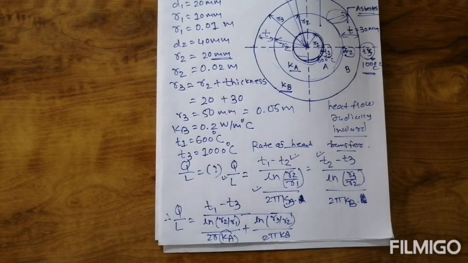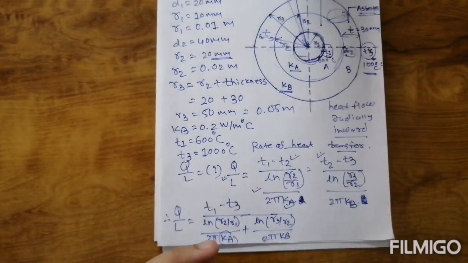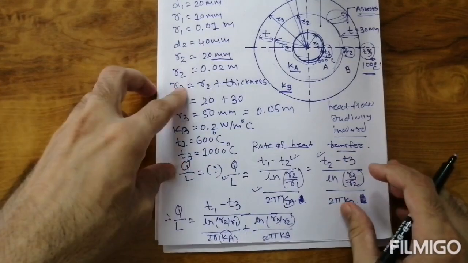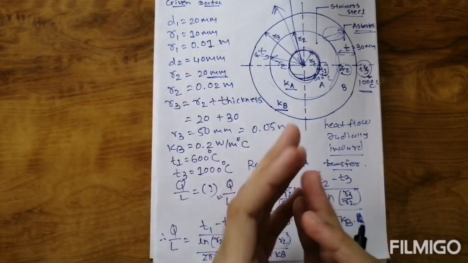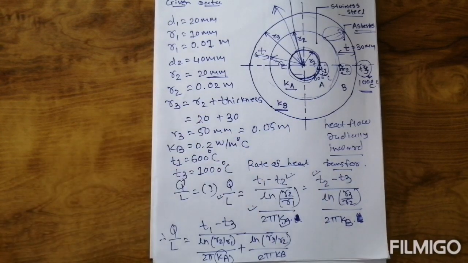Suppose in this example the thermal conductivity had to be determined, then we could find it out, but it is not mentioned that it will be found. We cannot find the value of Q by L without thermal conductivity, and from any relationship we cannot find the value of Ka. Since the thermal conductivity of the stainless steel is not given, we neglect the resistance offered by the stainless steel.